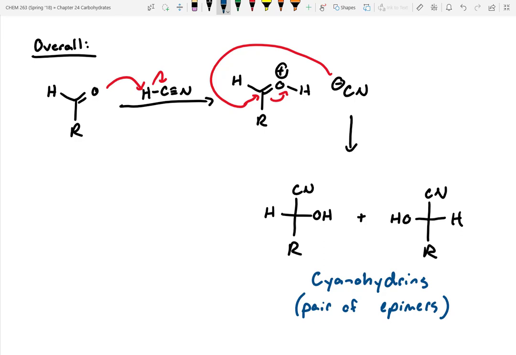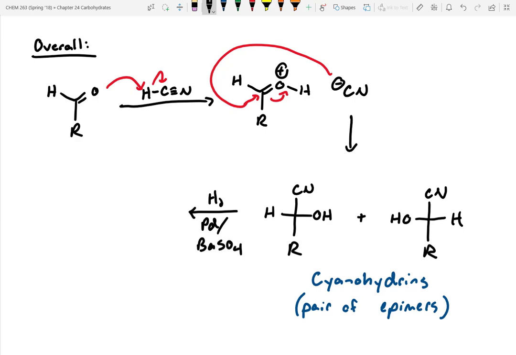Okay, so after this step, what you can do is treat it using some reducing conditions. So what I'm going to do is draw my arrow going this way, and they used hydrogen gas, then a special palladium barium sulfate catalyst.